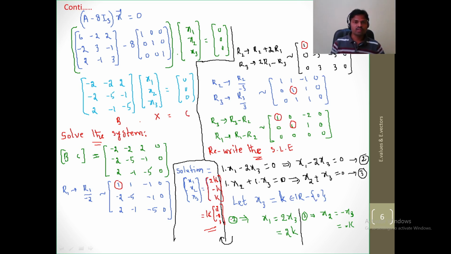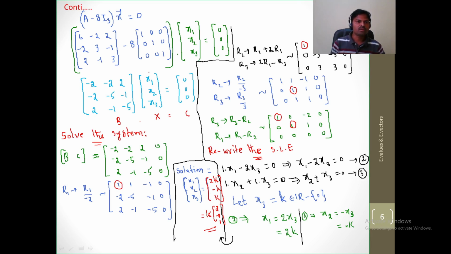How to verify whether this is right or wrong? You got the answer k into 2, minus 1, 1. Take any k value, for example k is equal to 1; we get 2, minus 1, 1 as the eigenvector corresponding to the eigenvalue lambda is equal to 8.